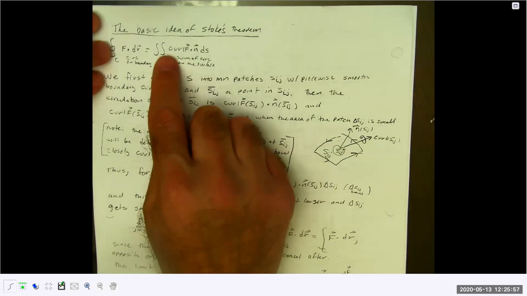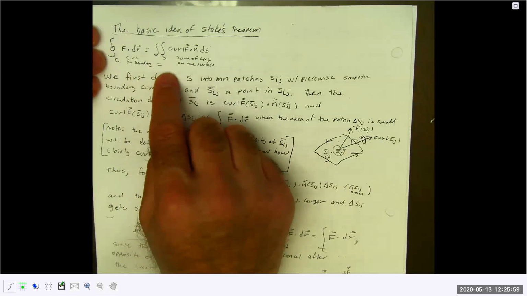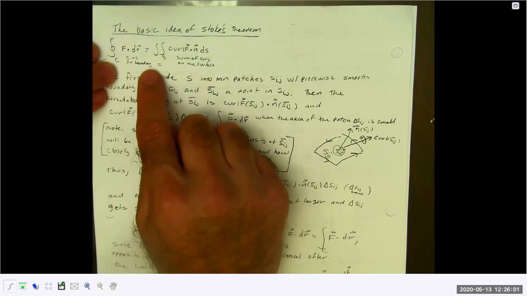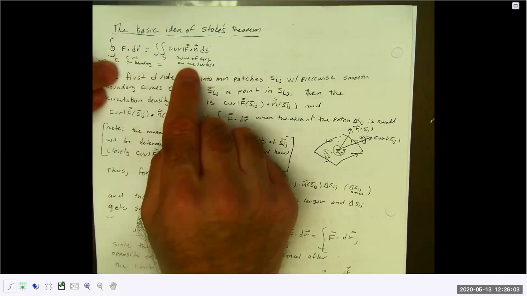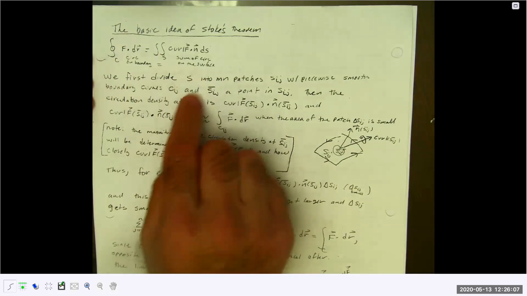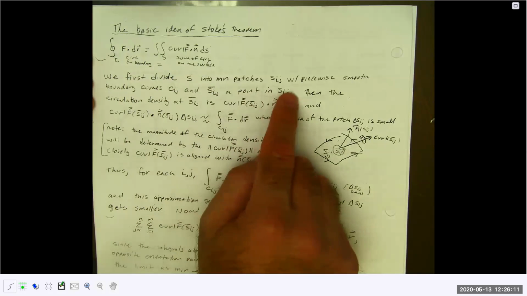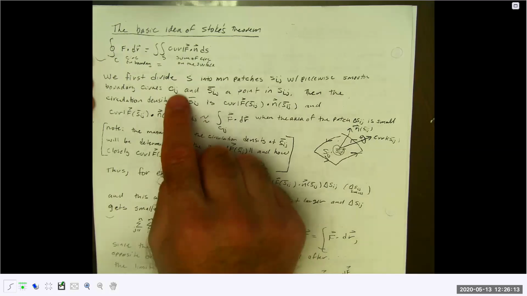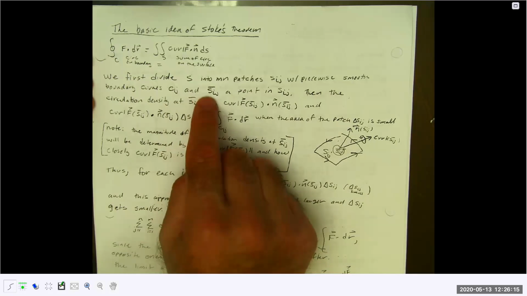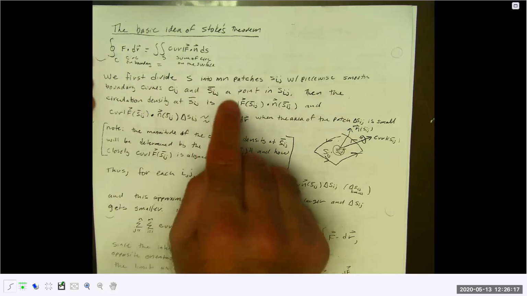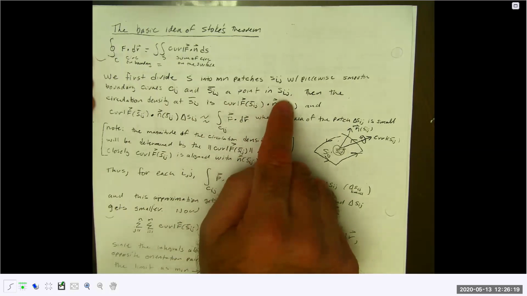Okay, this is Stokes' theorem: the circulation on the boundary is basically the sum of the circulation on the surface. So we're going to divide S into M times N patches, S sub ij, with piecewise smooth boundary curves, C sub ij, and S sub ij bar is going to be a point in the ijth patch.